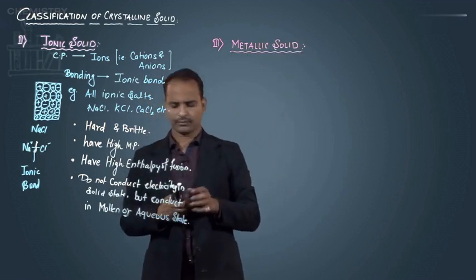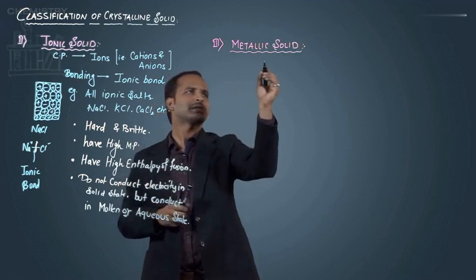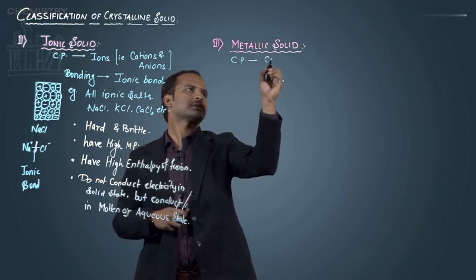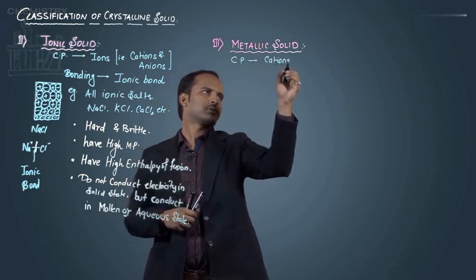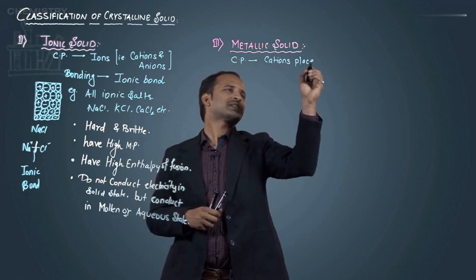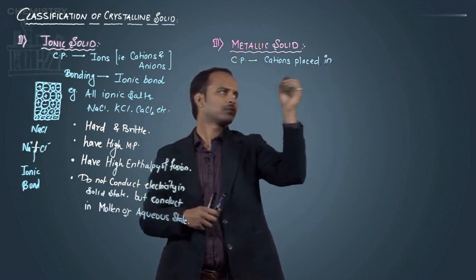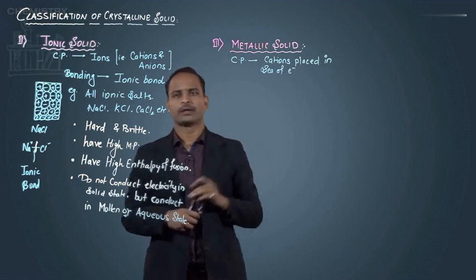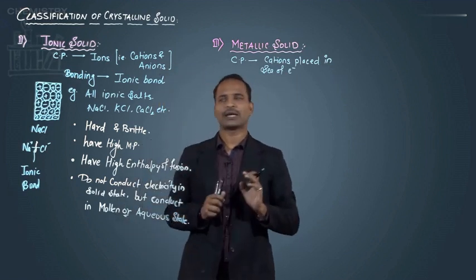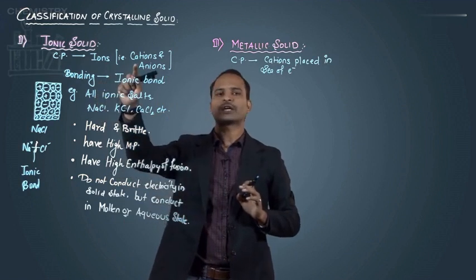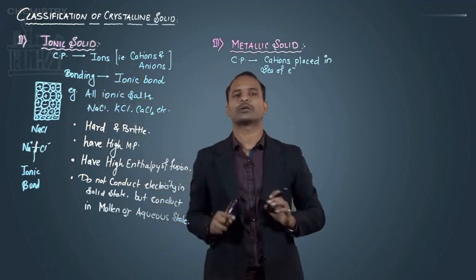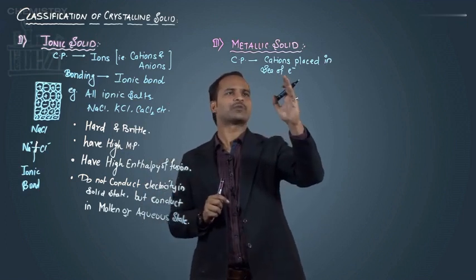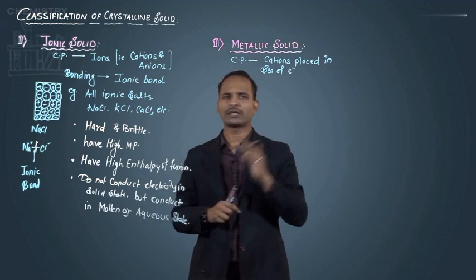Metallic solid: here in this case the constituent particles are cations placed in a sea of electrons. Ionic solids are made up of cations as well as anions, but a metallic solid is made up of only one ion, that is called a cation.